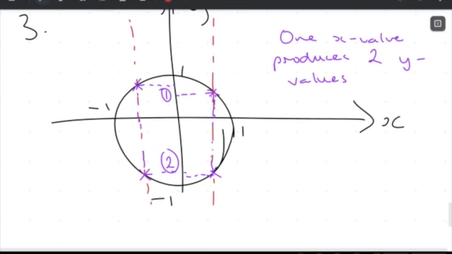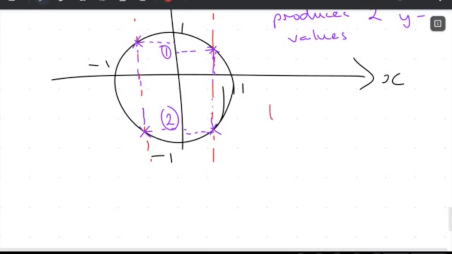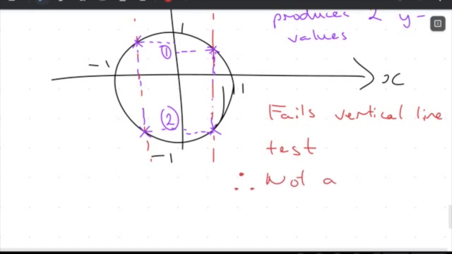So we're going to say this fails my vertical line test. Therefore, it's not a function. 1x value does not produce one y value, it produces more than one y value.